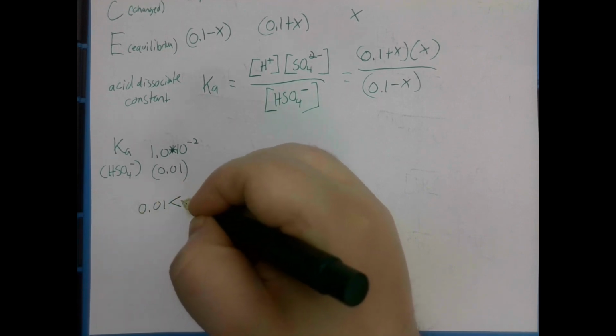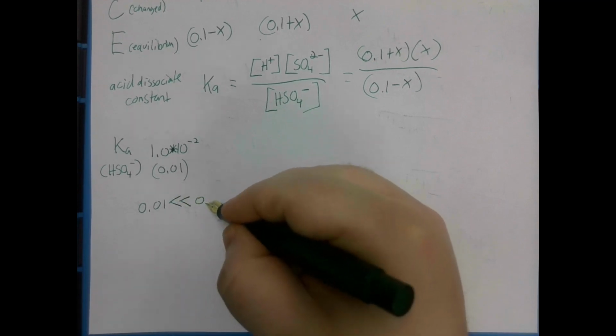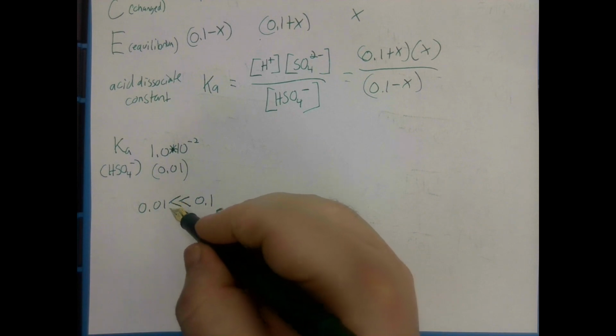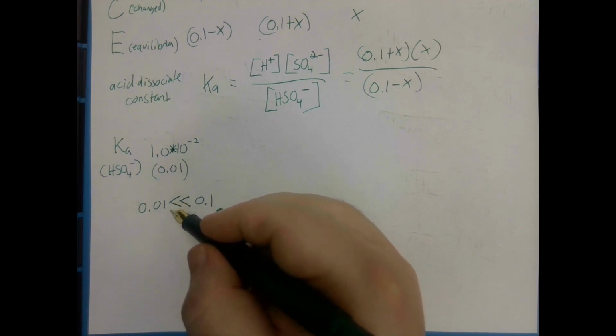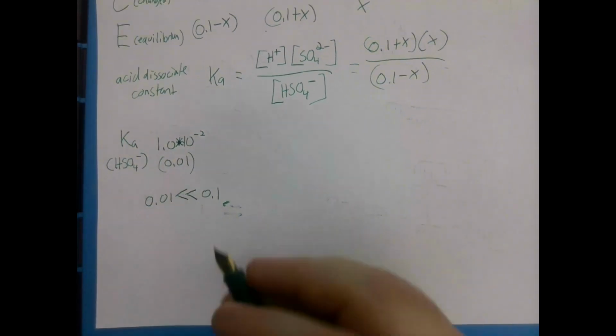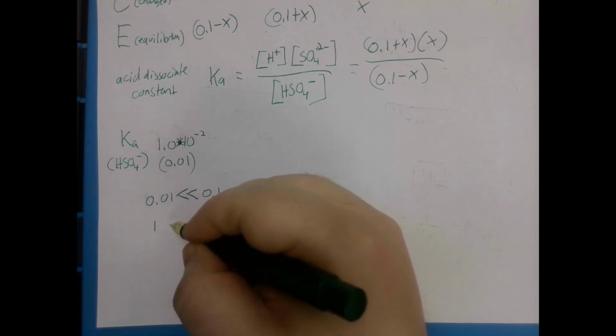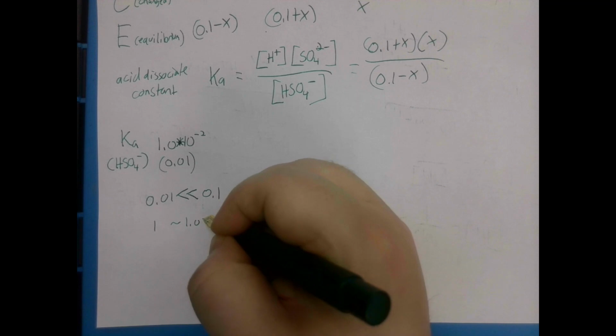Is 0.01 significantly less than 0.1? Would you say it is? This is something you get a feel for. I would say it's not. We'll do it both ways. So basically, would you say 1 is about the same as 1.01?